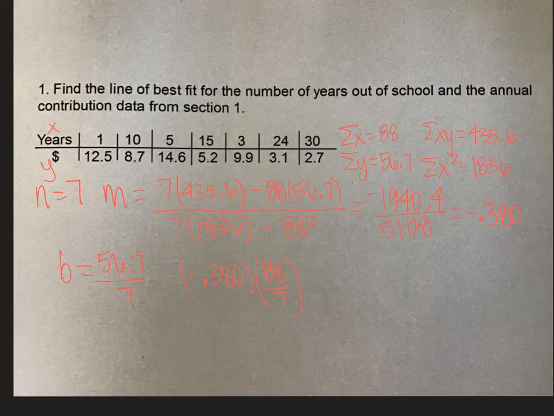So I'm going to multiply all my values, divide all my values, simplify that b value completely. And I'm going to end up with about 12.877.